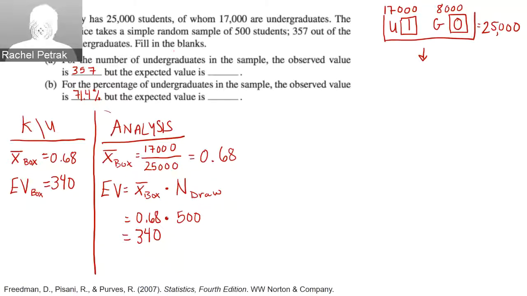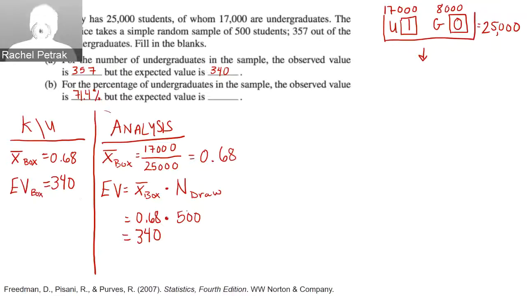So that completes part A. The observed value was 357, but the expected value was 340. In terms of percentages, the observed value was 71.4%, but we already know the expected value percentage is going to be 68%. It's just the flip side of this fraction.